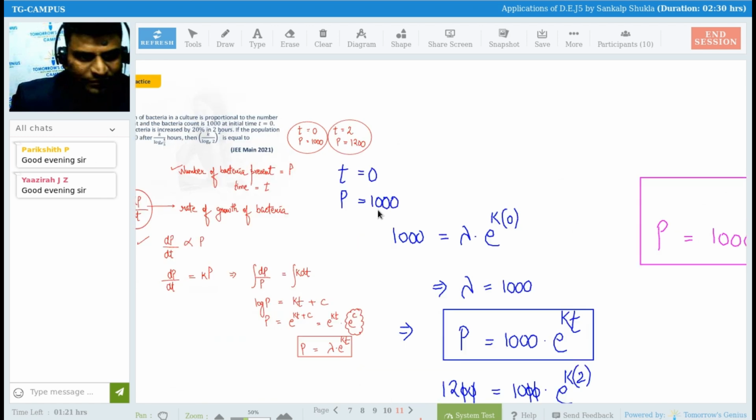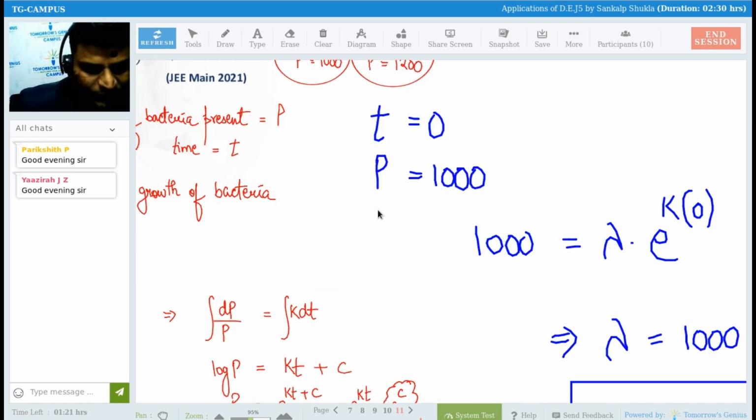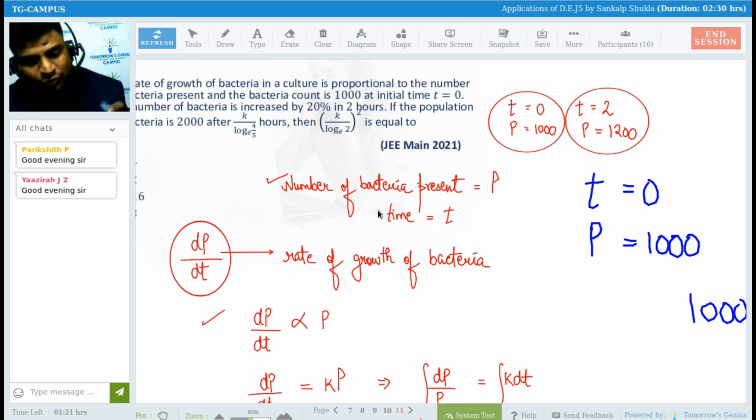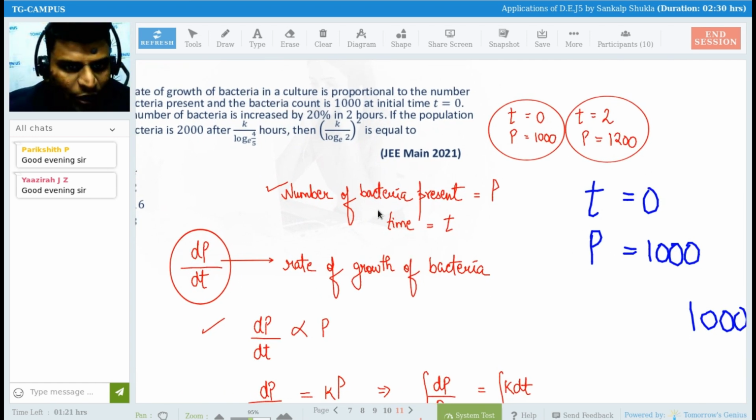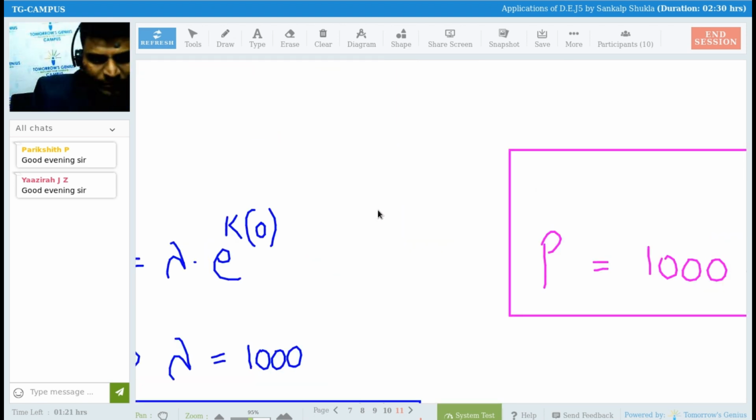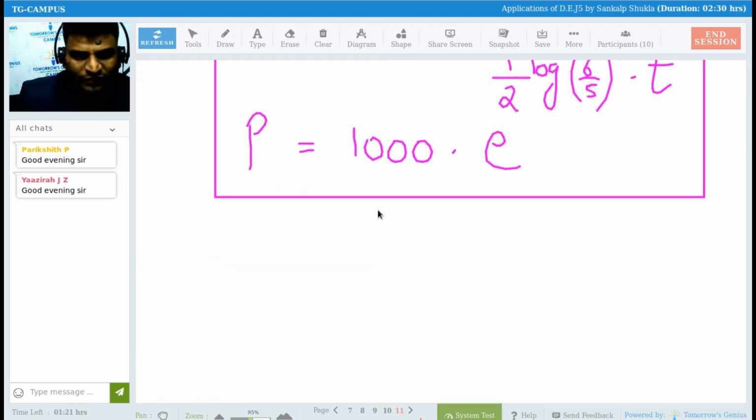Now see what the question is asking. The question is saying to find, if the population of bacteria is 2000 after k upon log 4 by 5 hours. So that means t is k upon log 4 by 5.